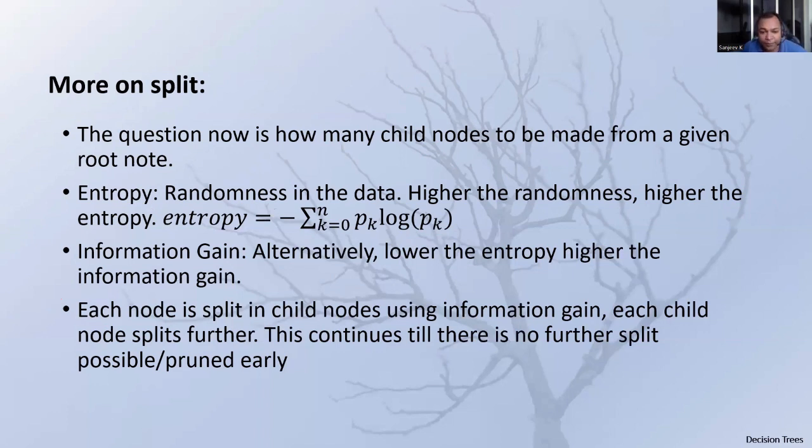Now, I'll tell you what we usually end up with when we are using decision trees. The problem with a decision tree is it continuously keeps on growing until it reaches the final question. So when you have a trained data set, it will perform very well on the trained data set.